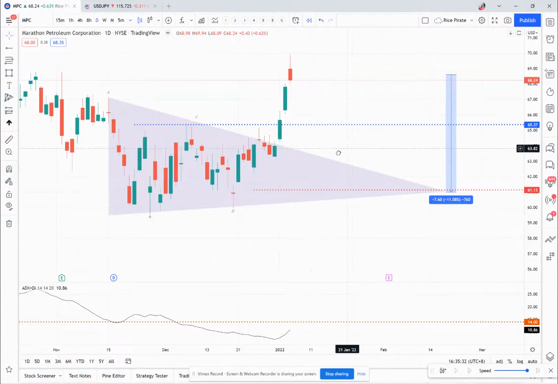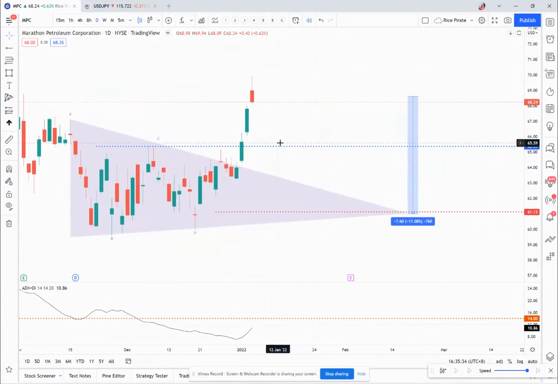But again, it's just a real world example of how one would go about trading triangles, not only finding potential triangles by eyeballing, but also how you manage an entry that is maybe a little bit more stacked in your favor, and how you get out both at a loss and a gain.